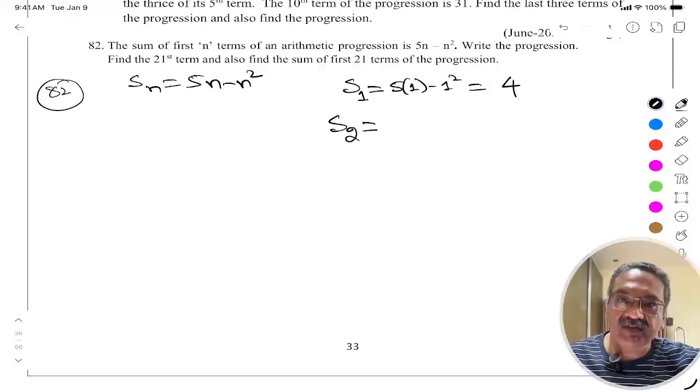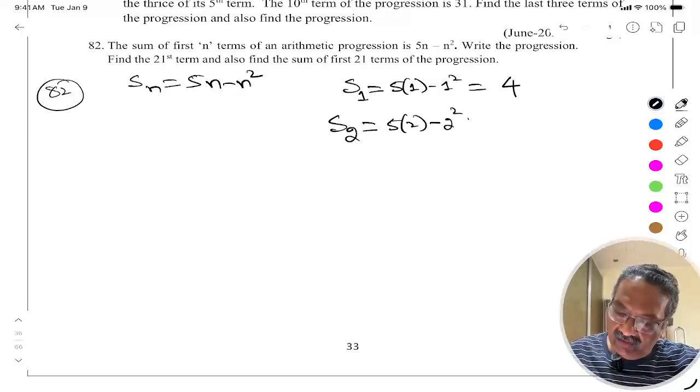Similarly, sum of first two terms is 5 into 2 minus 2 square is equal to 5 2s are 10, 10 minus 4 is 6.